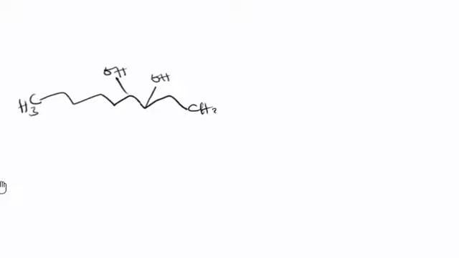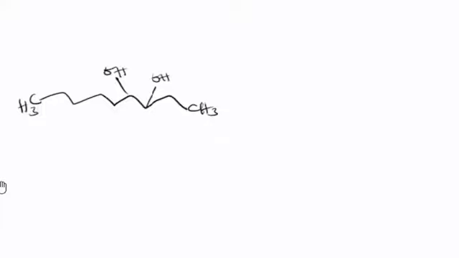So if, for instance, I have 1, 2, 3, I have this, okay, let's say I have CH3 here, and then from here I have OH. From here too, I still have OH, and then I have CH3.